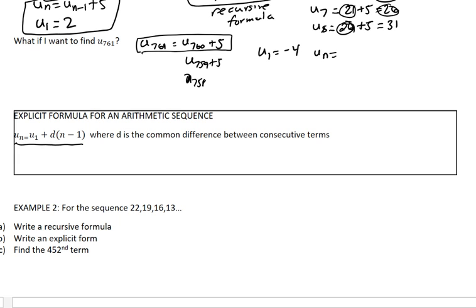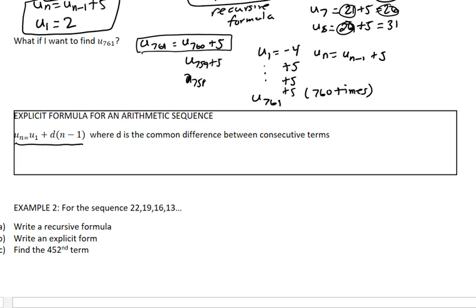If I want to go from u sub 1 all the way to u sub 761, I have to add 5, add 5, add 5. How many times? Don't I have to do it 760 times? And that would get me from u sub 1 to u sub 761, right?